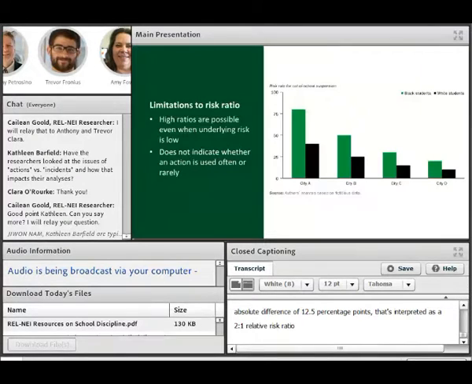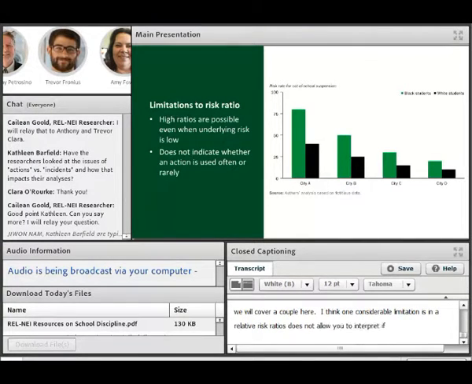Now, there are definitely some limitations to relative risk ratios, and we'll cover a few of them here. I think one considerable limitation is that relative risk ratios do not allow you to interpret if the underlying rates are exceptionally high or low.